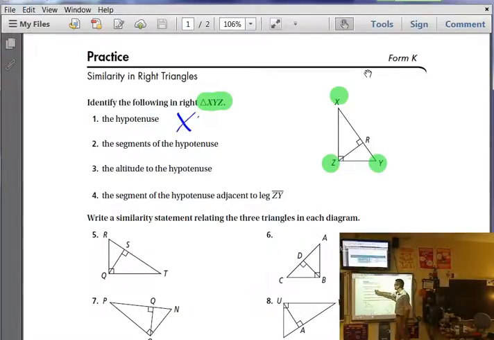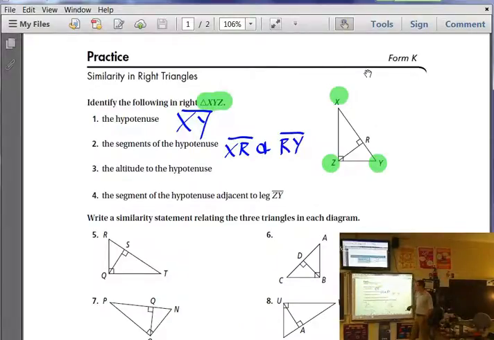Well, the hypotenuse is XY. But the segments of it are XR and RY. Because one of them is going to be your short leg on the small triangle, and the other is your middle leg on the middle triangle. So XR is the middle leg on your middle triangle, RY is the short leg on your small triangle.